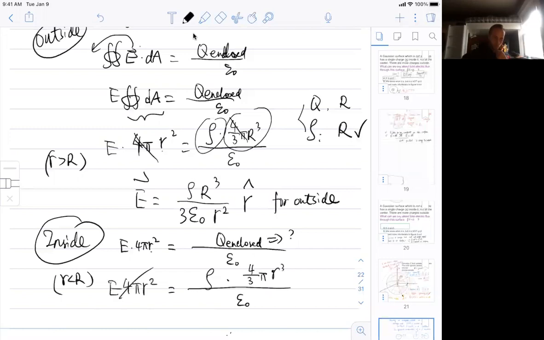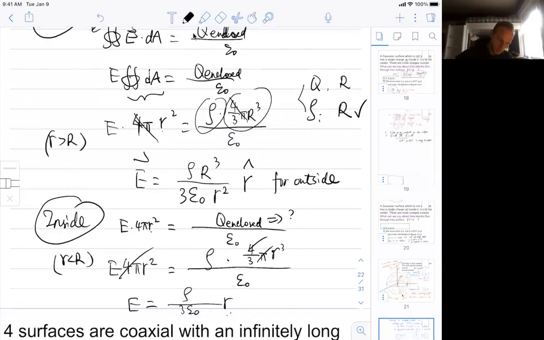Again, you can get E to be rho over 3 epsilon naught times r. It's linearly increasing with r. Okay, E has direction, put the r hat on for inside. Okay, so outside, inside.